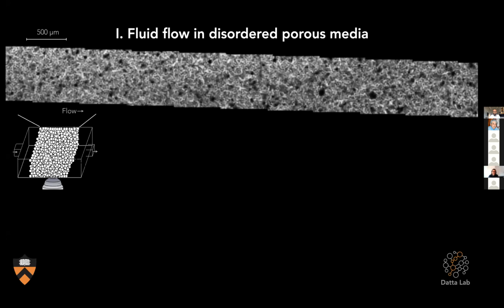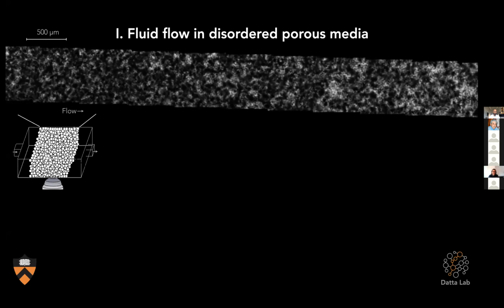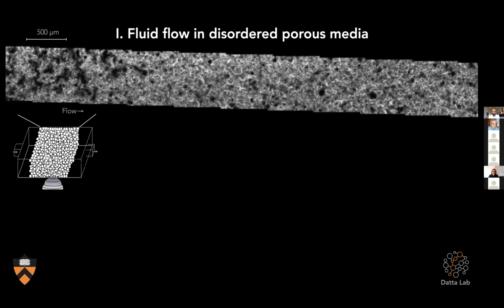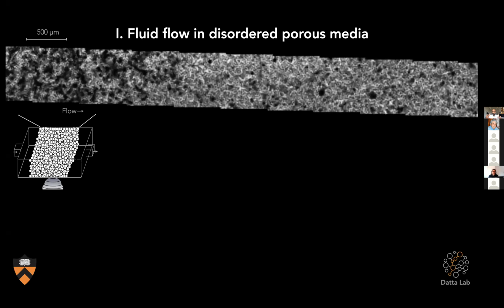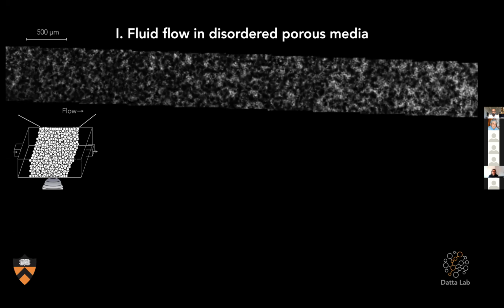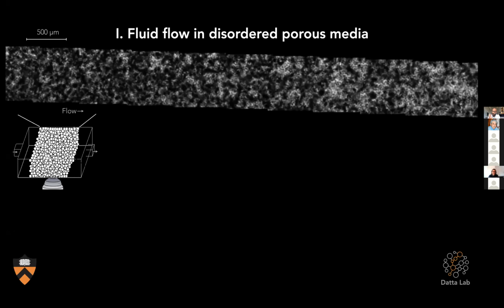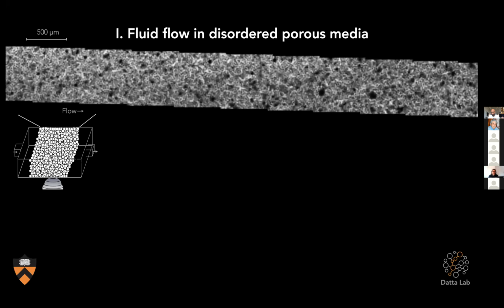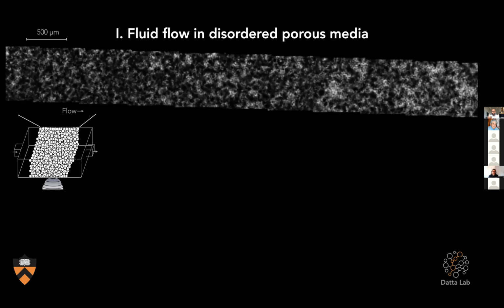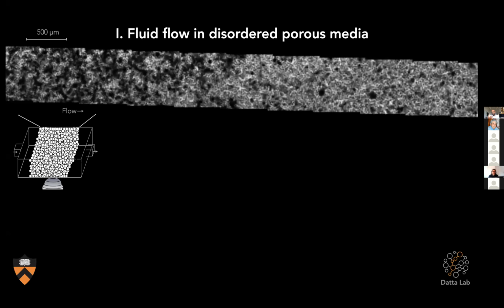One is the classic problem of better understanding how fluids flow through disordered 3D porous media. What we do is make our own model 3D porous media that are completely transparent, so we can visualize the flow inside of them using confocal microscopy.